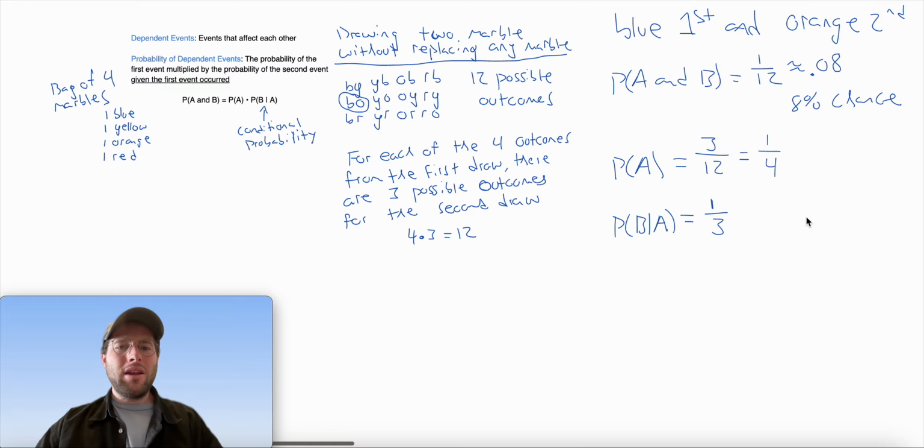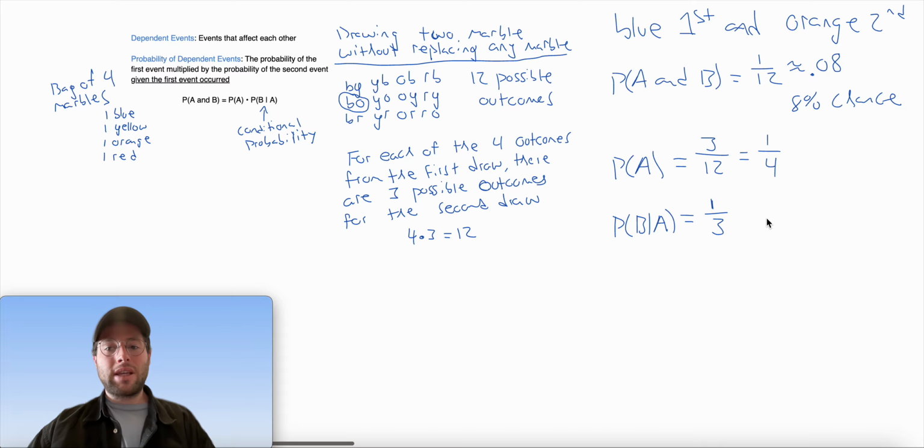The second way to calculate this probability is to say, well, if we draw a blue marble first and we don't replace it, then that means that there are now 3 marbles in the bag, and out of those 3 marbles, one of them is orange, so there will be a 1/3 chance of drawing an orange marble on the second draw. So that would be the second way of finding that conditional probability.